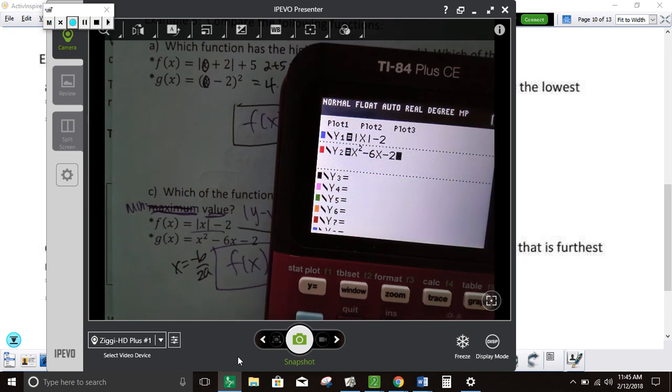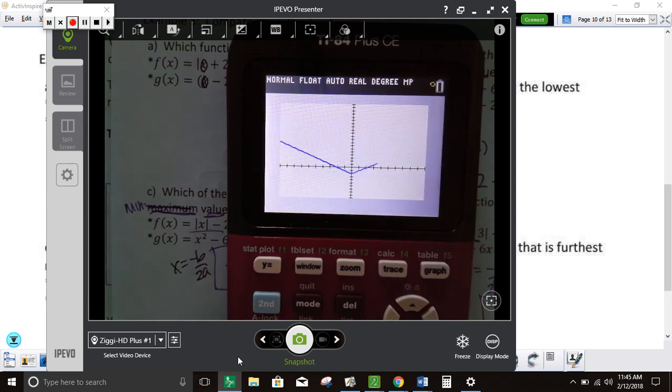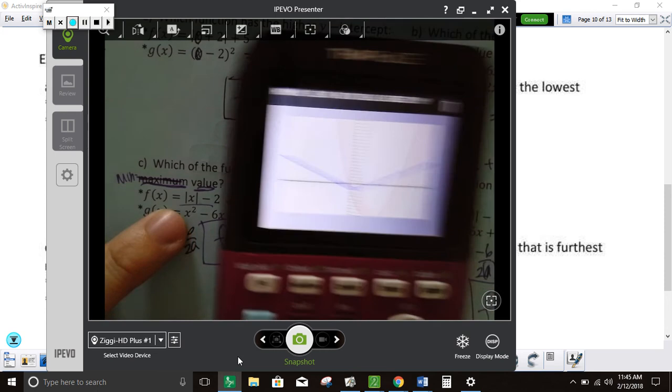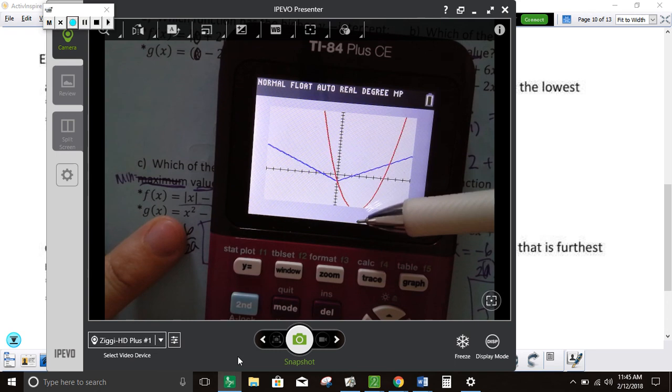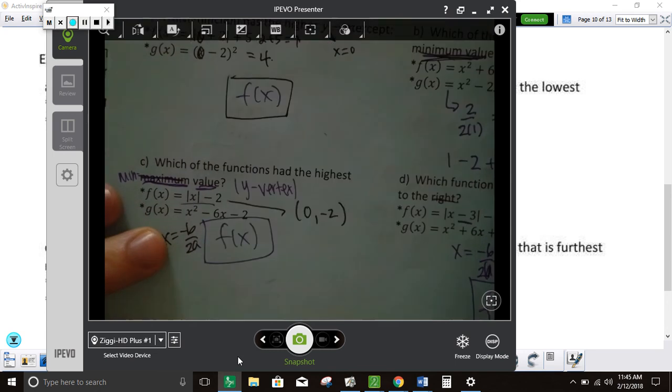Minus 2. Okay, plug those both into your calculator. Let's graph them. There's my first function. There's my second function. The question says which one has the highest minimum value? Well, the absolute value's minimum value is there at -2. The red one's down here. Which one has the greater minimum value? Your f function. Good, the first one.